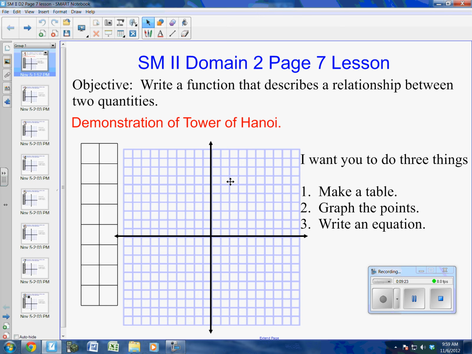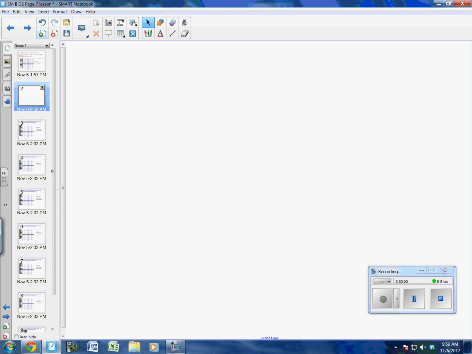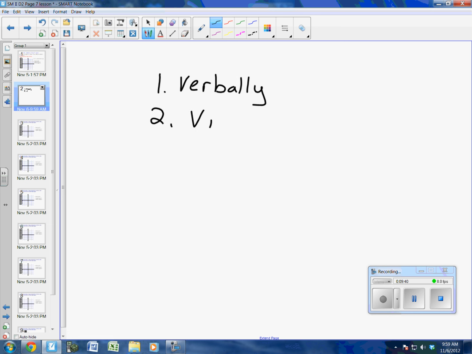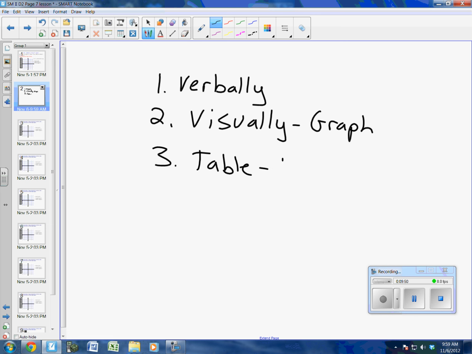You know how we made a table, then we graphed it, and then we wrote an equation? That's what we're going to do. I got to review this real fast. What are the 4 ways to represent a function? Verbally. Okay, visually, which is a graph, right? Then how else? Table, which is numerically, they call it, right?